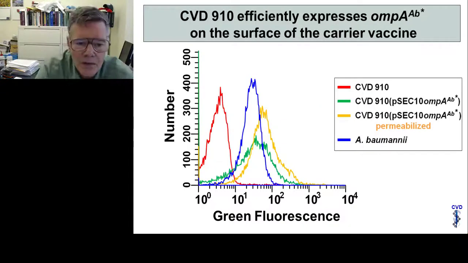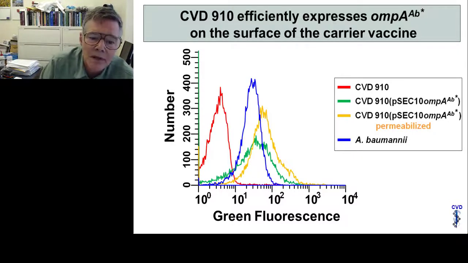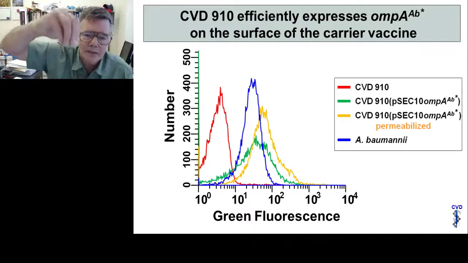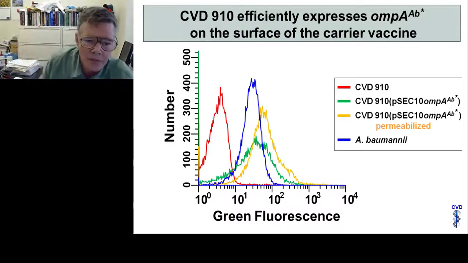First thing we have to demonstrate is that we have surface expression of an outer membrane protein from Acinetobacter baumannii. And so we did surface labeling experiments with 910 expressing AB-AMP, hopefully on the surface, using antibodies specific for AMP, okay? So we targeted antibody against AMP, and then we had an Alexa 486 as a secondary fluorescent reporter, okay?